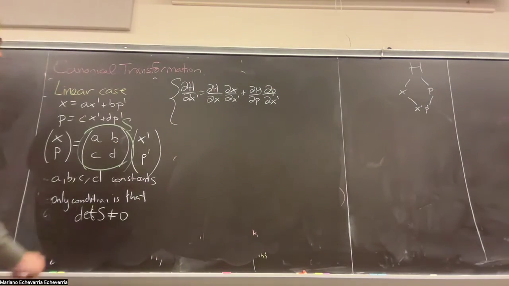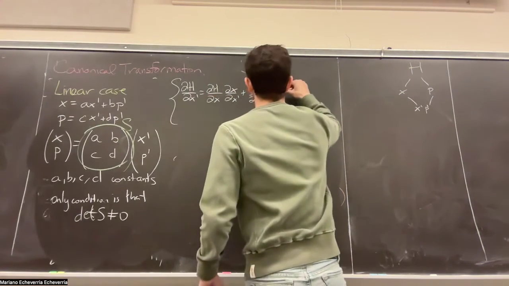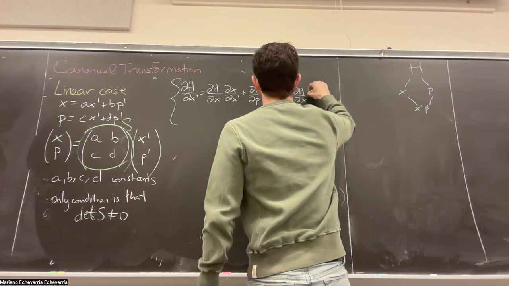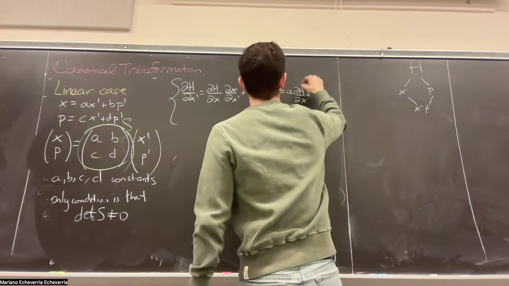Because this is a linear change of variables, it gives you something easy to compute. And the derivative here is c prime.